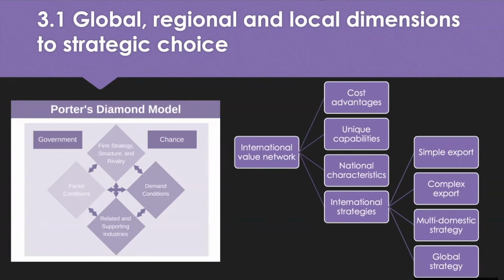Unique capabilities: you may choose to locate your manufacturing based in areas where you have the ability to access unique capabilities. So for example, Boeing, the aircraft manufacturer, has located its largest engineering centre just outside Moscow, and that's to access Russia's unique capabilities in aerodynamics.